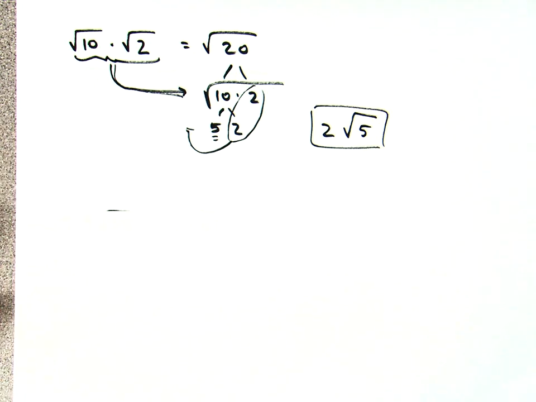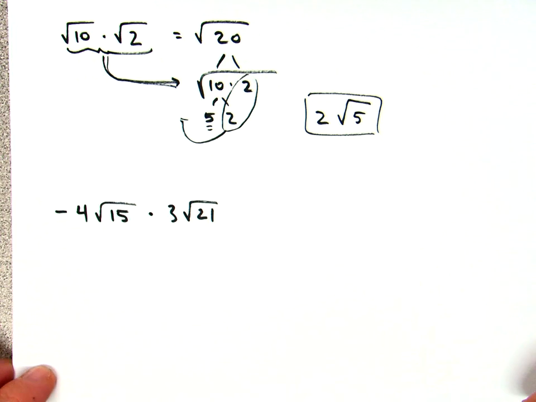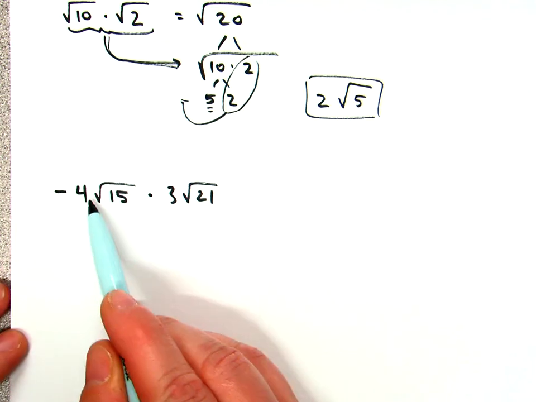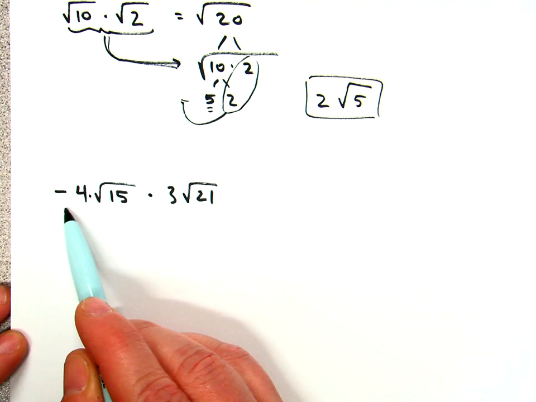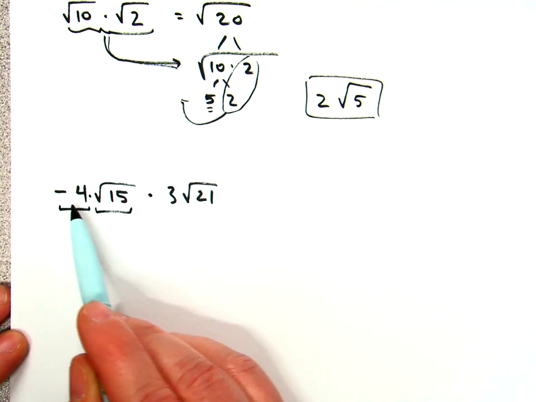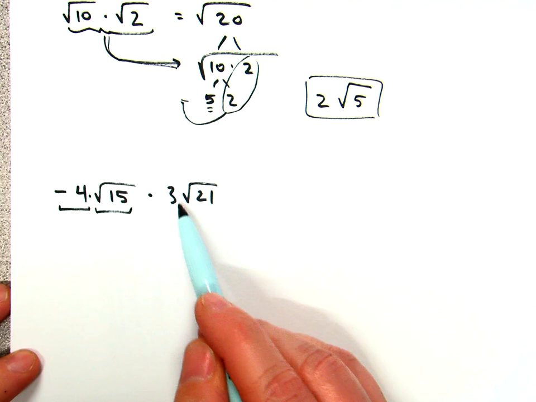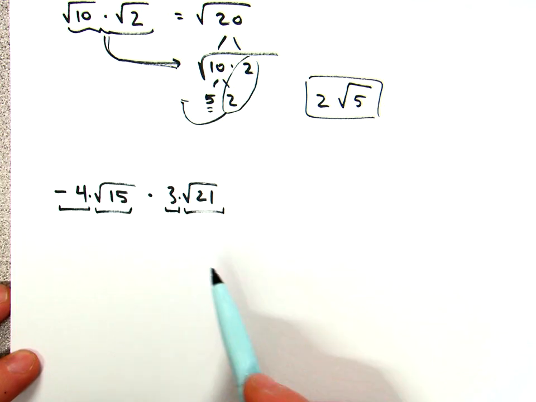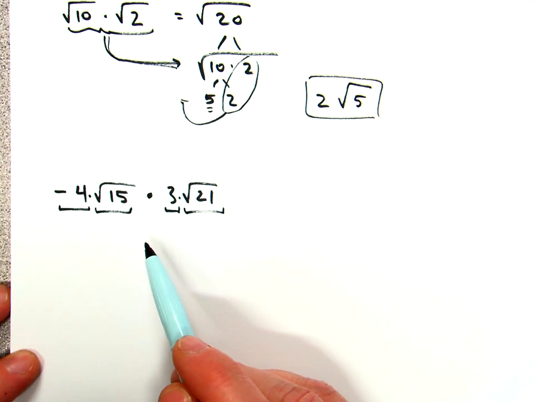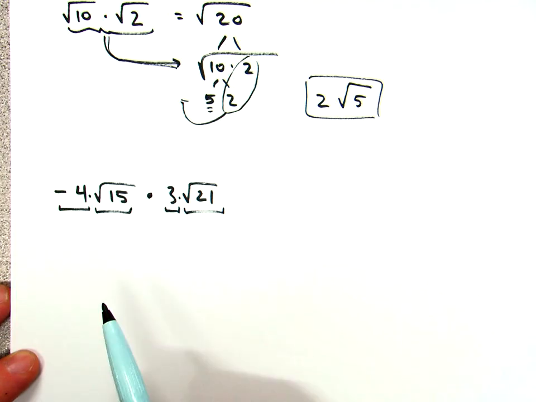All right, so let's try another one. So this is multiplication. We're multiplying this guy times this guy. Now I can't multiply roots and non-roots together. Same thing here. I can't multiply roots and non-roots together, but everything is being multiplied, so the order in which we multiply doesn't matter.